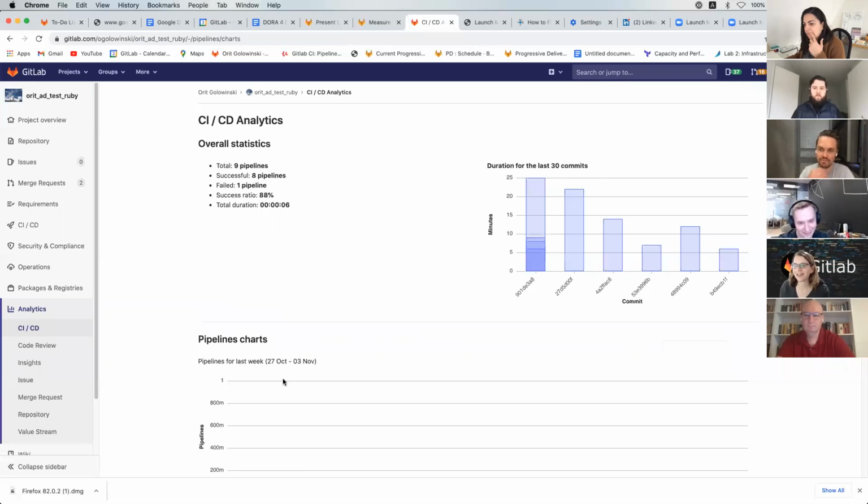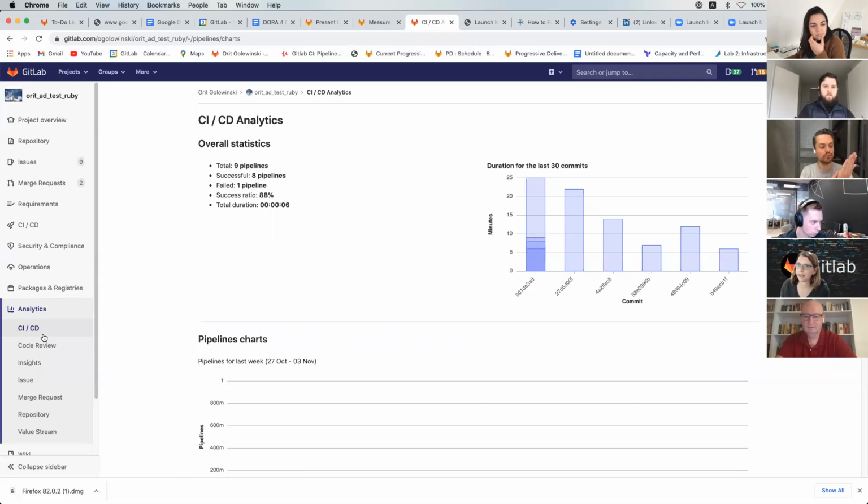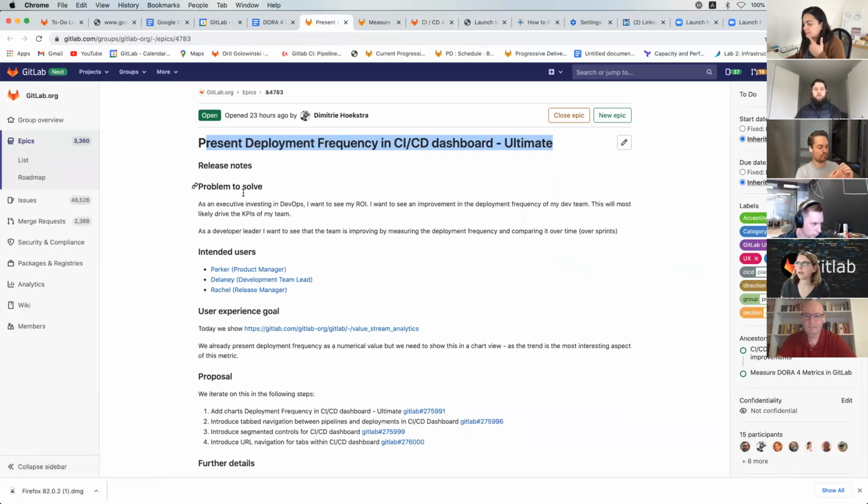So just use this section and add the charts there in the meantime. And then we'll just lift and shift them once they're ready to move to a new location. Okay, so that's our starting point: starting from analytics CI/CD and introducing this new chart that's called deployment frequency. Okay.